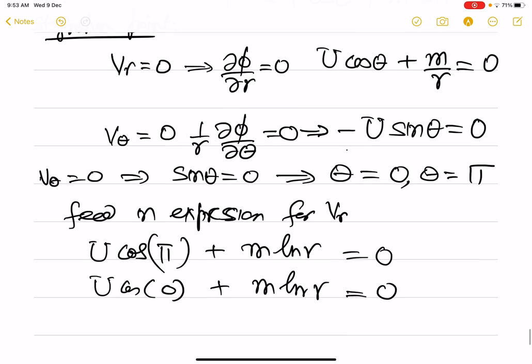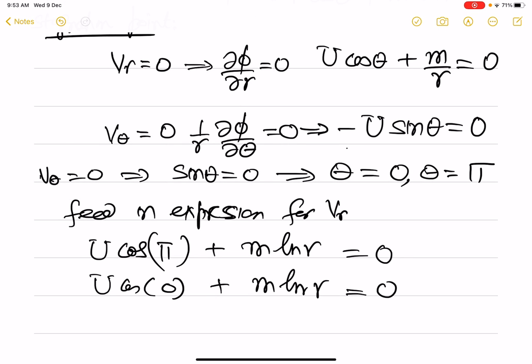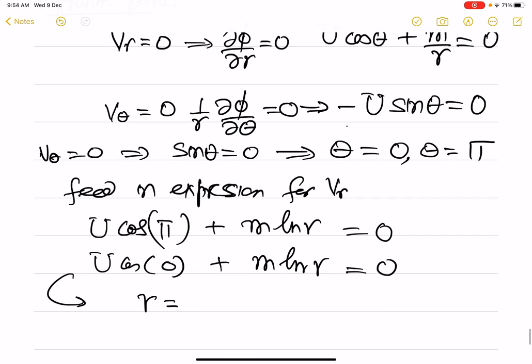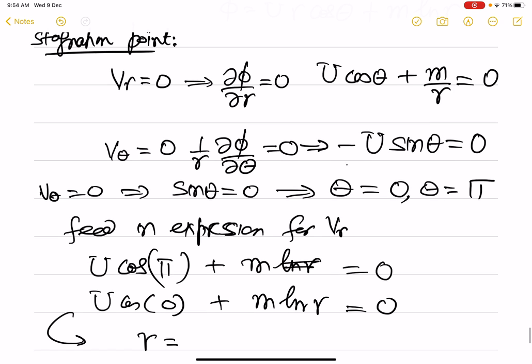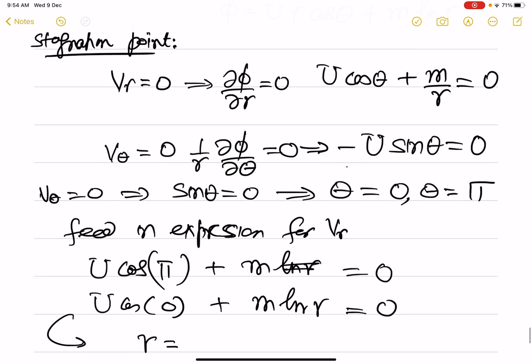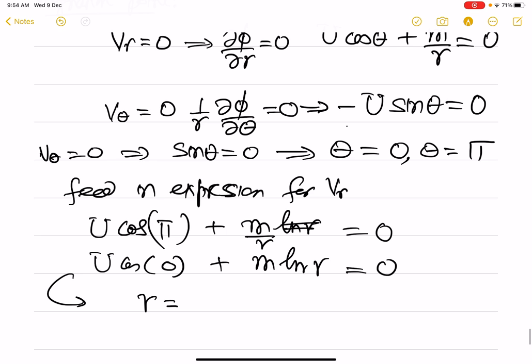M we know is positive because we are talking of a source. Sorry, I have made a mistake here. M log r, I just copied from here. It is m by r. For stagnation point, I have to put m by r, not log r, because I have to take the derivative.